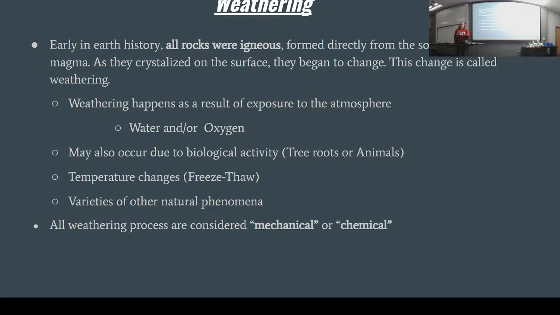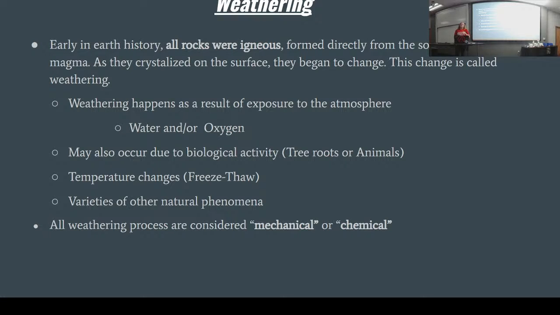All right, so the weathering. We have two different types of weathering, guys. We've got mechanical and we have chemical. Mechanical is typically the breaking, the fracturing of rocks. This can be done through biological activity or temperature changes like a freeze-thaw, where it freezes and then thaws, and freezes and thaws, and over time this is just breaking the rock apart.